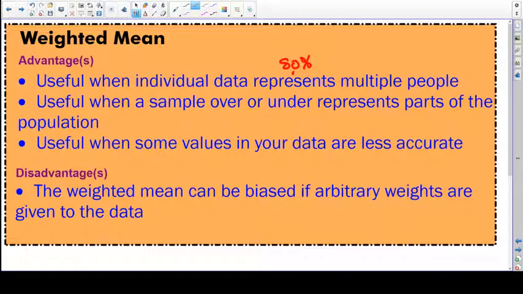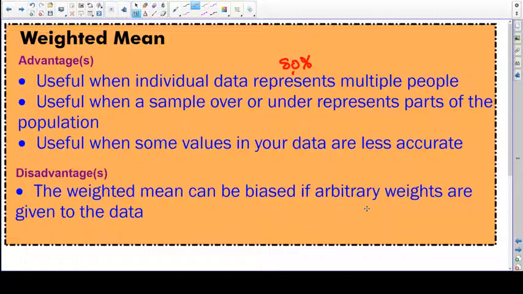That would not be a very wise move on my part. So what you have to do is be careful that the weights are appropriate.